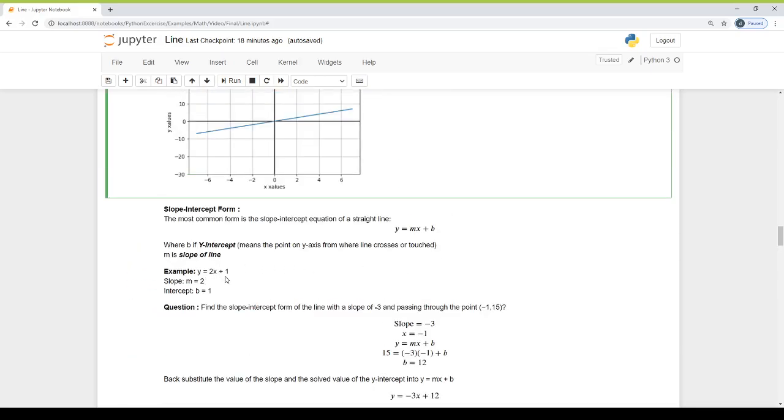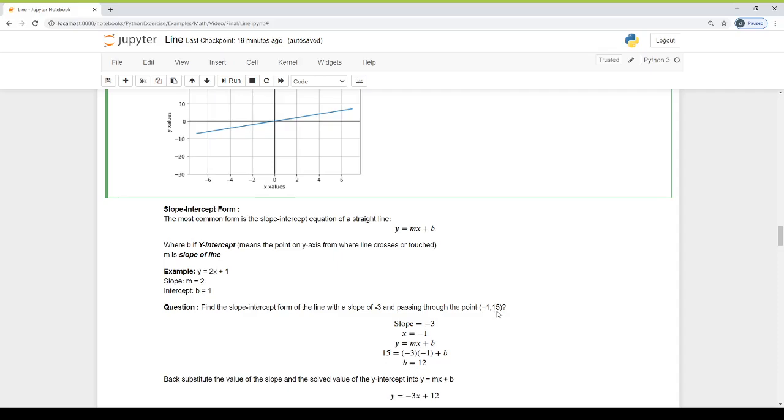For example, y is equal to 2x plus 1. If we take this equation, here m is equal to 2, that is the slope of the line is 2, and the intercept b is equal to 1. Next question: find the slope intercept form of the line with slope minus 3 and passing through the point x is minus 1 and y is 15.